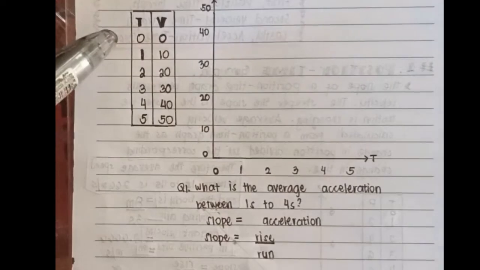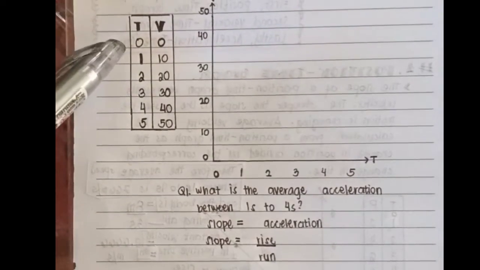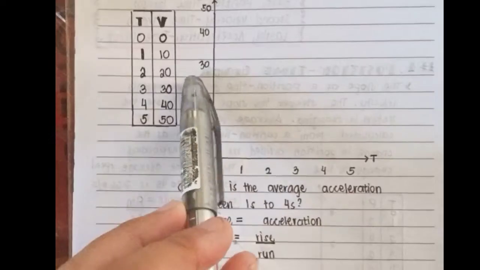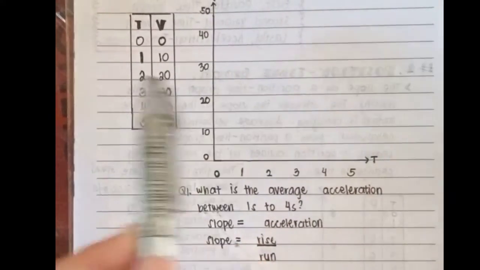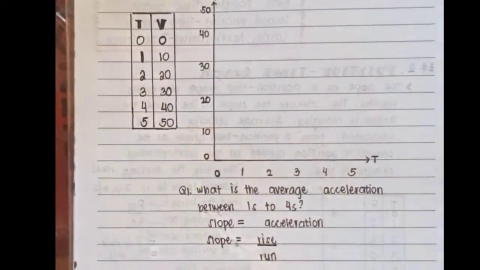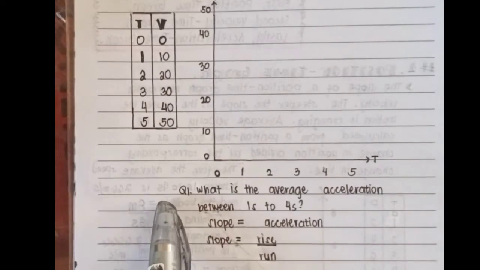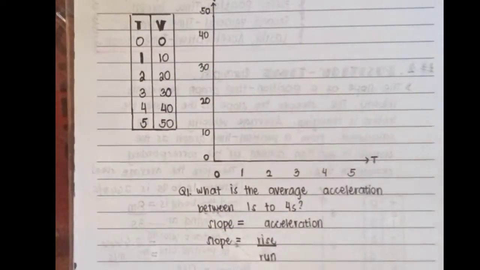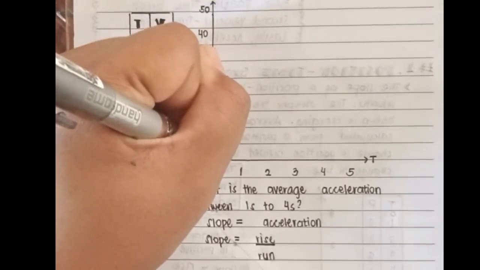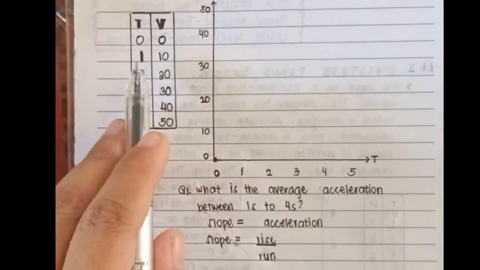It has the corresponding numbers, which are 0, 0, 1, 10, 2, 20, 3, 30, 4, 40, and 5, 50. Let's begin plotting this. So, 0, 0. Here. 1 and 10.